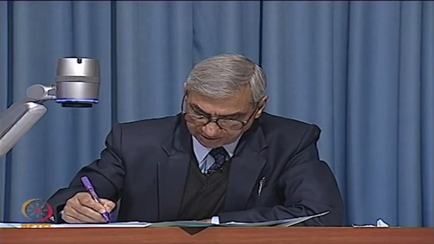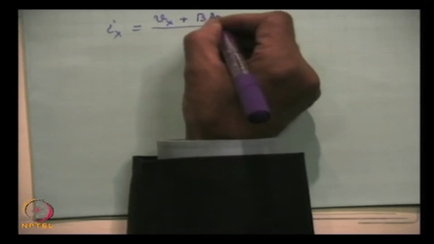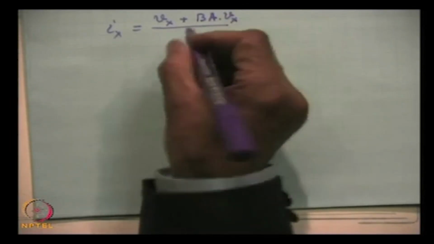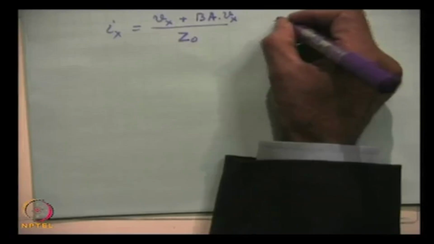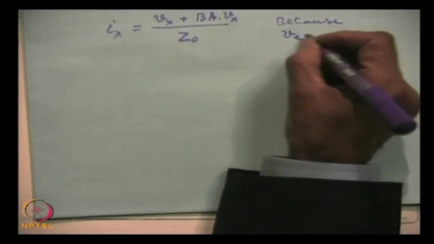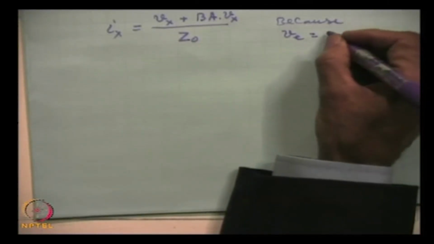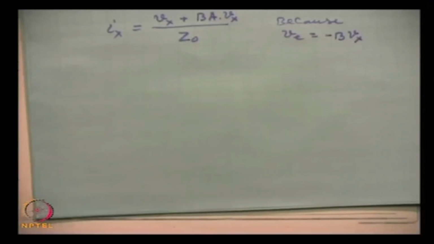The relationship for I x becomes V x plus B A into V x divided by Z 0, because V e, the error signal as we have shown above, is minus B V x.